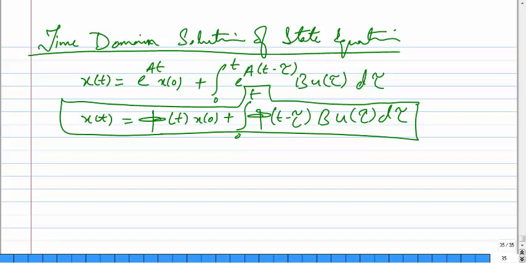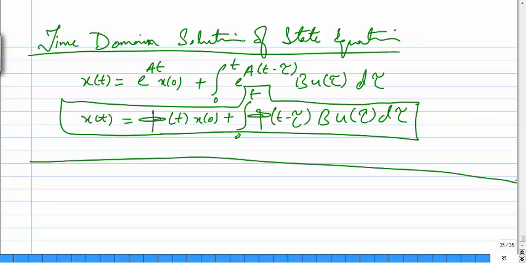We are not going into further detail. We will come back to this later in the course, but this is what we get for the time response of the system. Now I will stop here. We will continue next.